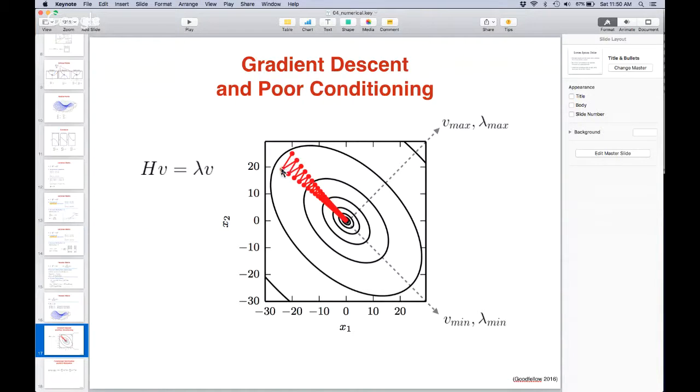So you'll take a step size in that direction, but the component of that direction, the Vmax, the maximum eigenvector component of this direction, will bounce you from side to side, because your loss function is changing very rapidly in that component of your step. So this is just an illustration of a poorly conditioned loss function, a poorly conditioned Hessian matrix of a loss function.